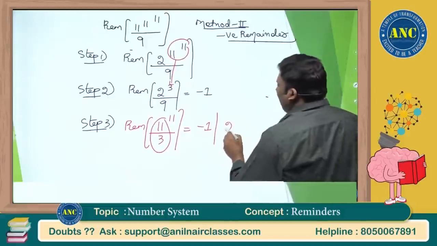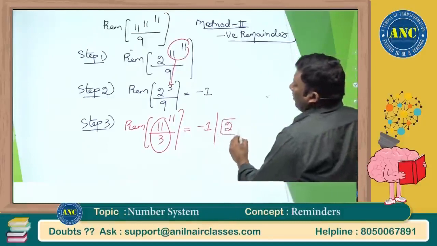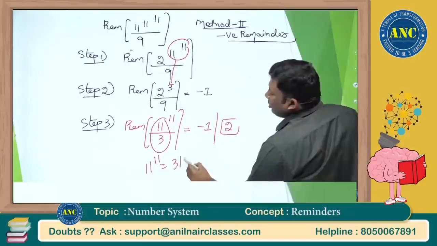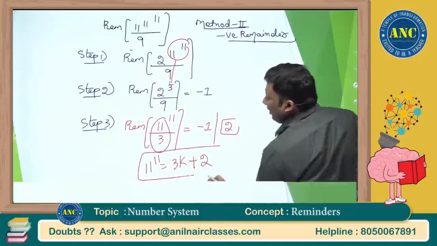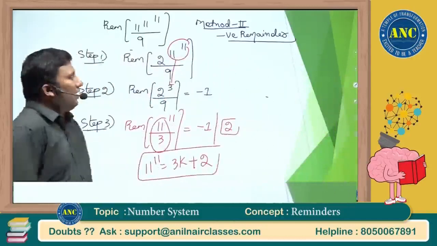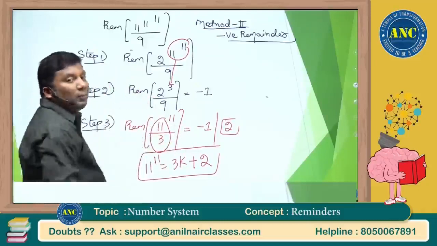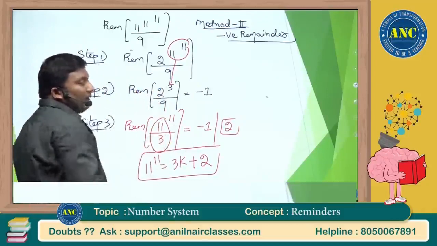If the negative remainder is minus 1, the positive remainder will be 2. So dividend is equivalent to divisor into quotient plus remainder. So 11 power 11 is nothing but 3k plus 2. I hope till here the idea is clear. In all the previous problems I took plus 1. Now I am taking minus 1. 2 cube divided by 9.